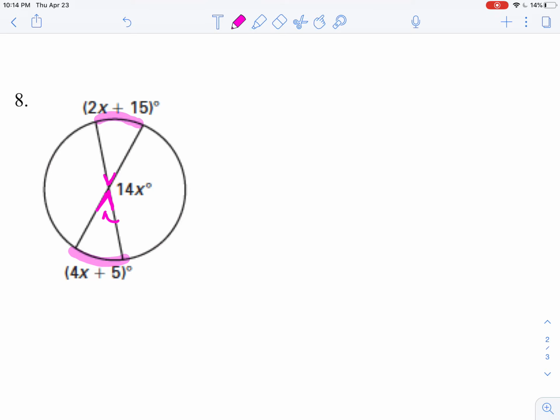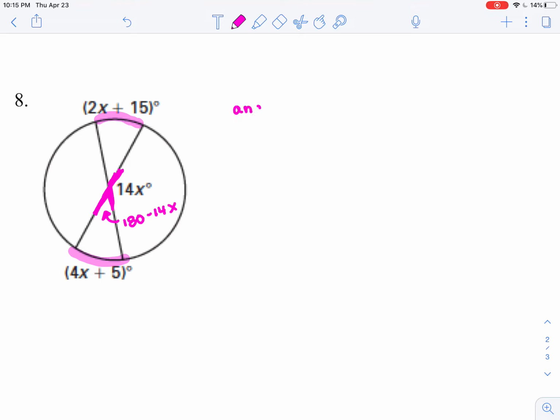If I want something to represent the measure of this angle, I can consider the fact that it creates a linear pair with the angle that's marked 14x. So let's represent this angle as 180 minus 14x. Since they form a linear pair, I'm going to represent the other angle as 180 minus 14x.